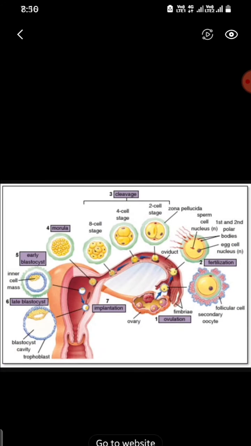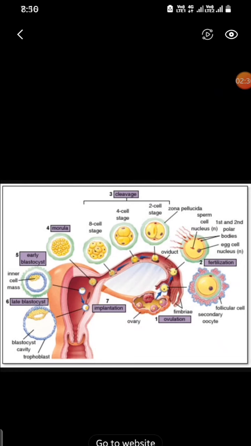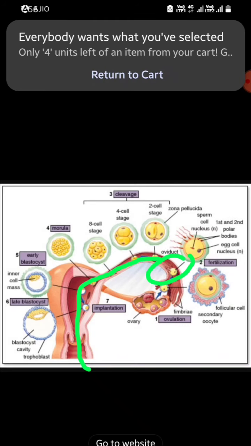So here you can see, the sperm travels this way to reach the ampullary region, but the egg travels this way. Here you can see it clearly. The sperm first travels through the vagina, cervix, and then isthmus, and then it reaches the ampulla.